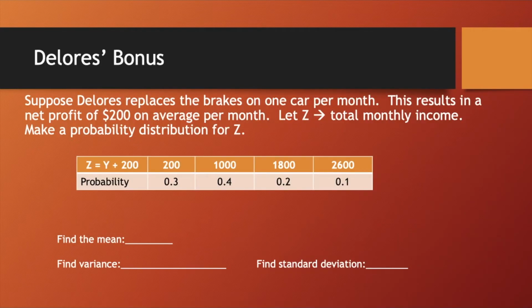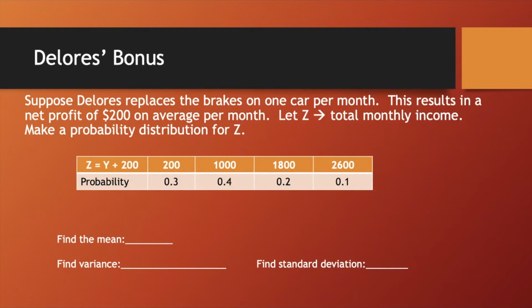Here's a new scenario. Suppose Dolores gets a bonus every month. If she replaces one set of brakes, she gets $200. So now we have a new distribution z, and the relationship between z and y, her paycheck, is y plus $200.